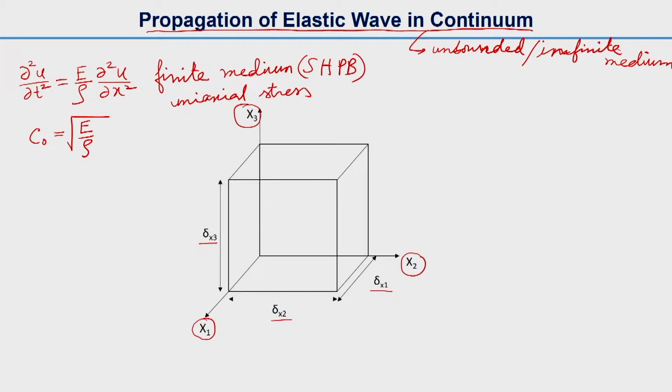Now the stresses acting on this unit cube we can see face by face. The first, the front face, has sigma 1 1, sigma 1 2 and sigma 1 3. So this is the normal stress and these are the shear stresses.